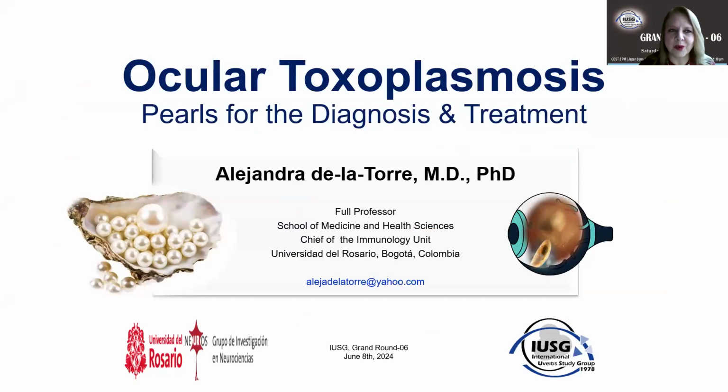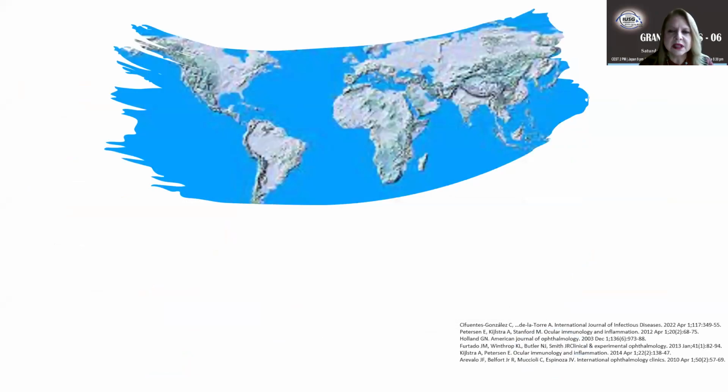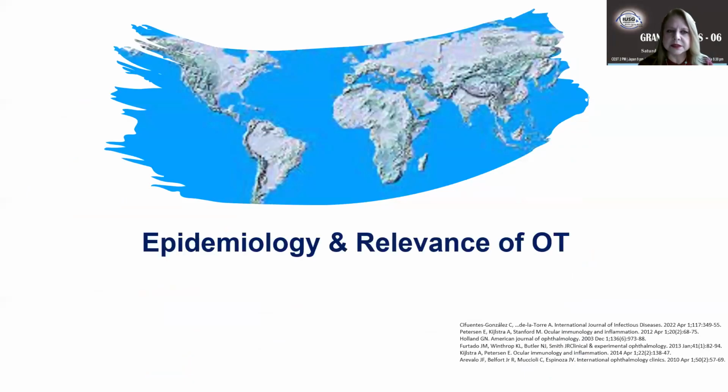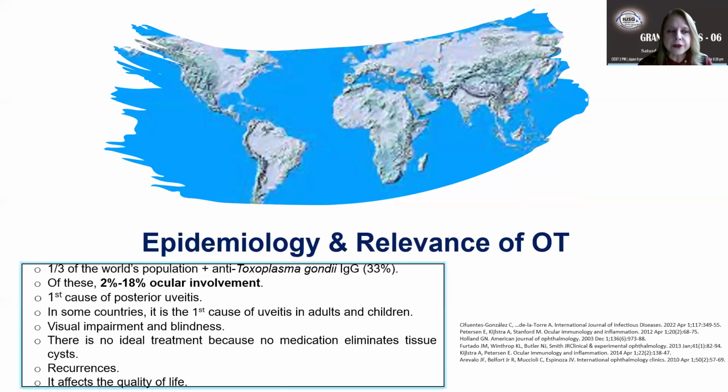And hi, everyone. Today, we will discuss some pearls and clues for the diagnosis and treatment of ocular toxoplasmosis. And why is it so important to know about ocular toxoplasmosis? Because 1/3 of the world's population has positive anti-Toxoplasma gondii IgG, which means that 33% of the world's population has been in contact with this parasite.